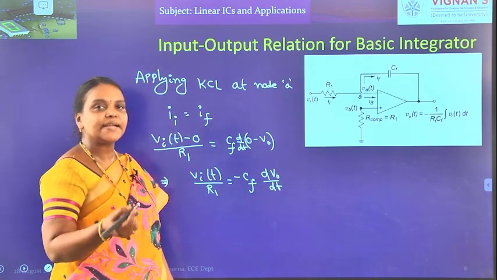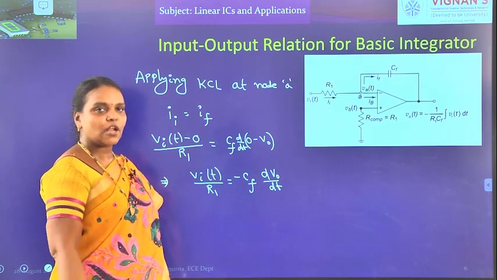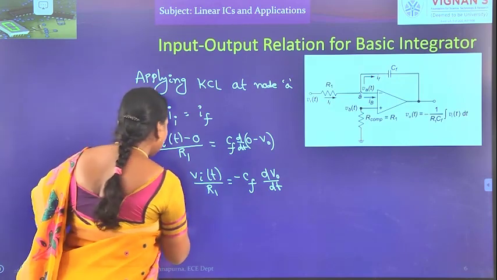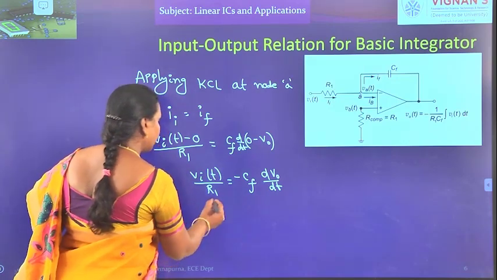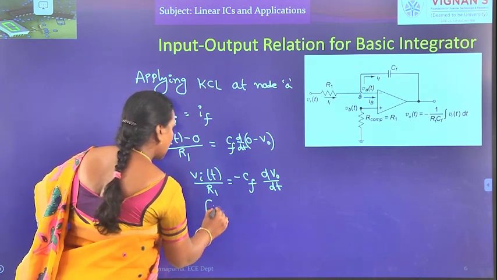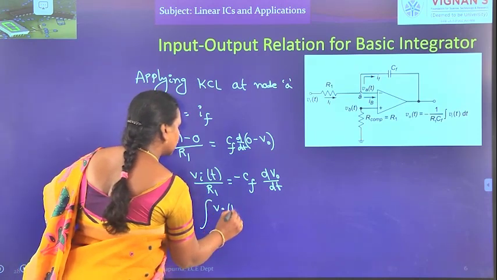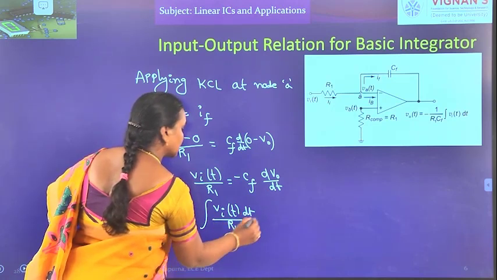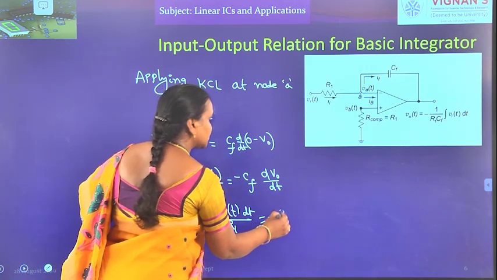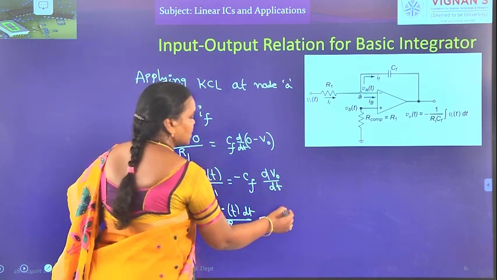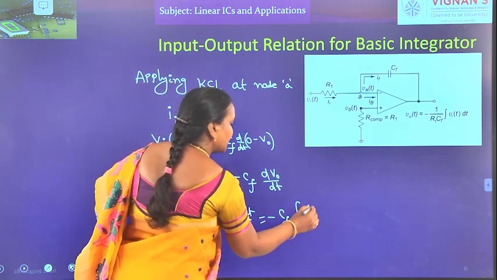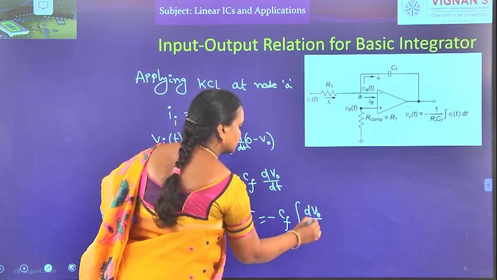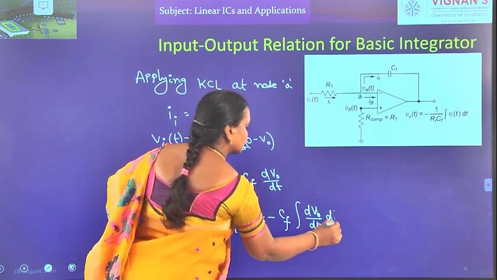But actually what we need is the output expression, and here it is dV0 by dt. So, to compensate that we have to take integration on both sides. Integrating both sides, what will you have? Integral of VI of t dt by R1 is equal to minus CF into the integral of dV0 by dt.